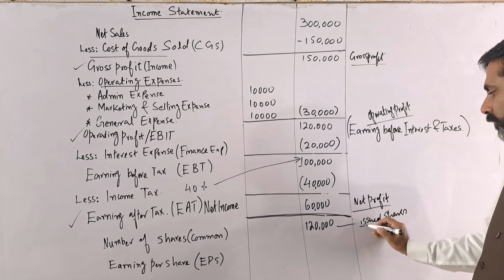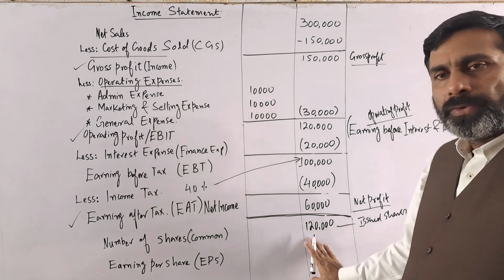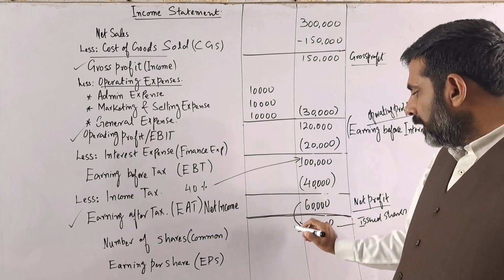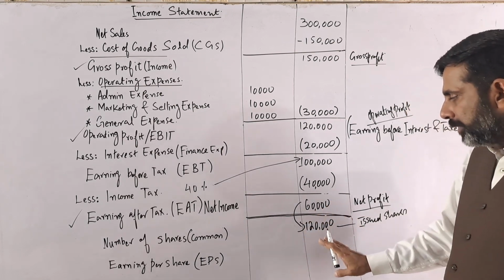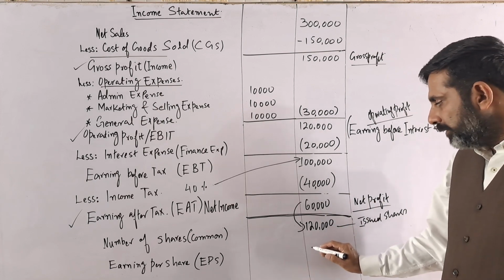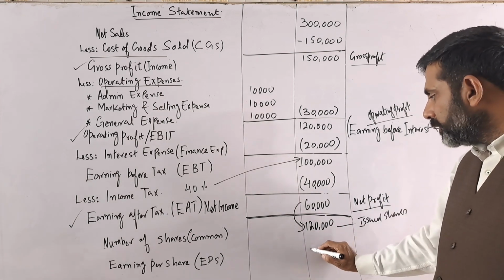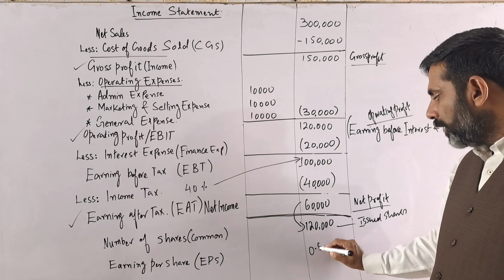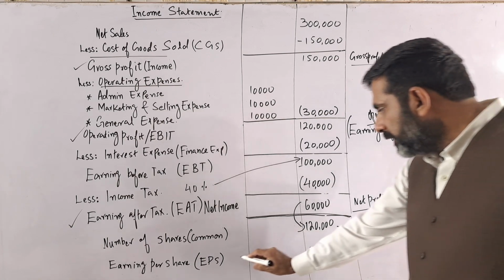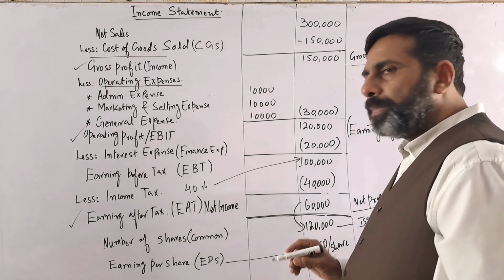The total issued shares of the company is 120,000. So what we will do, we simply divide 60,000 by the total number of issued shares. So what will we get? We will get the earning per share. So the answer will be 0.50 per share. This is the earning per share.